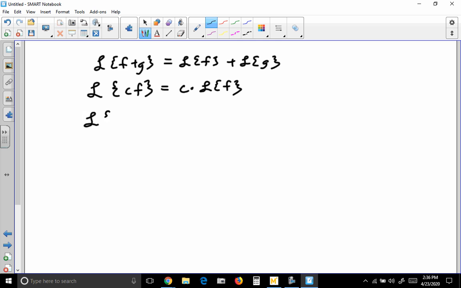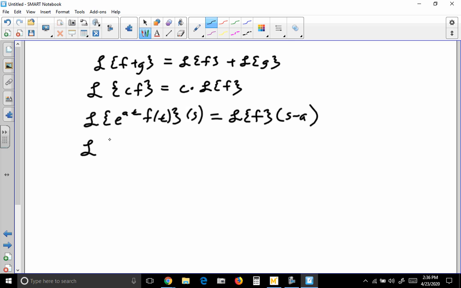If we have e to the at times some function, regardless of what that function is, then all the impact this has is it shifts us over. So we take the transform of the function f, and instead of our input being s, our input is s minus a. So it's a translation a units from s.